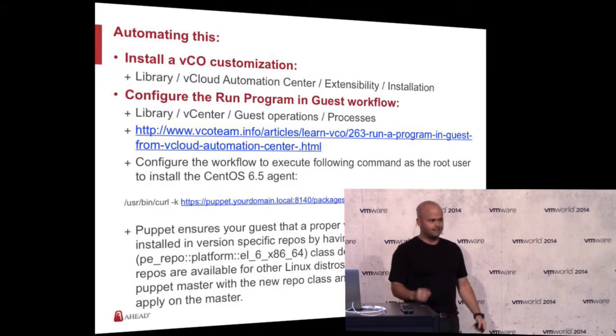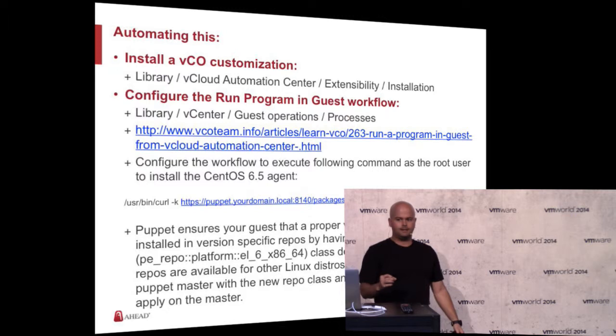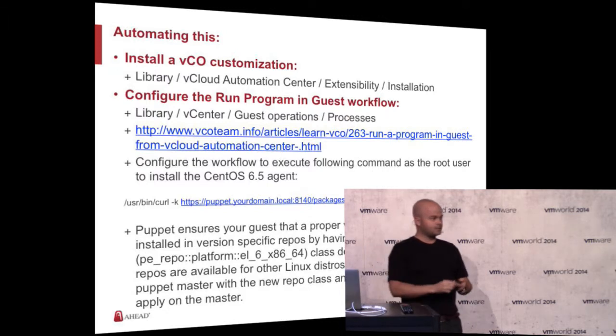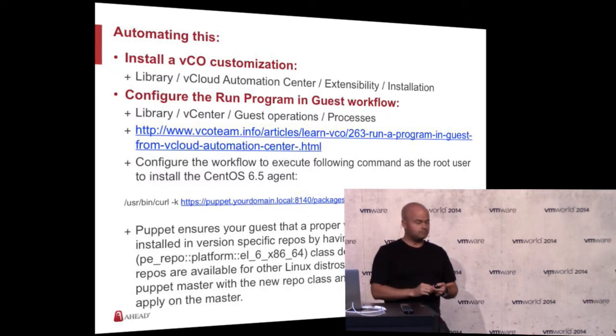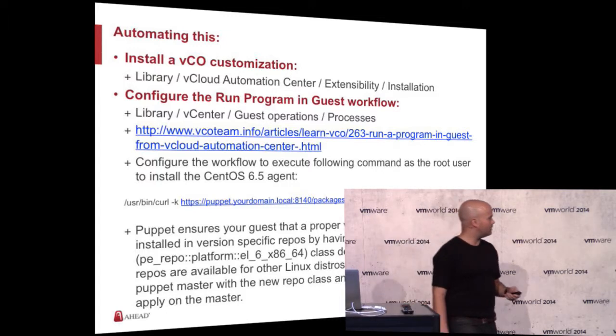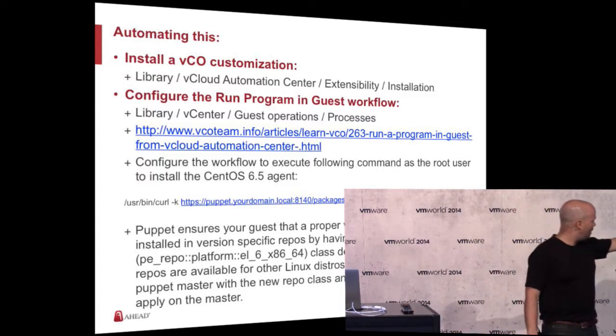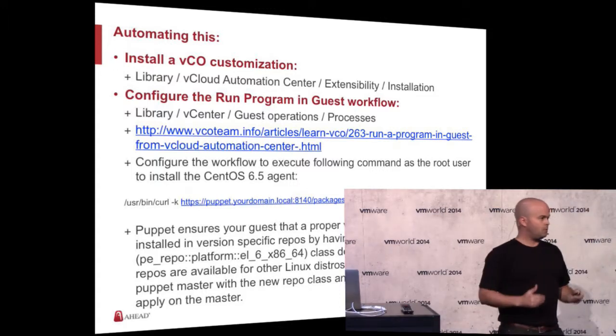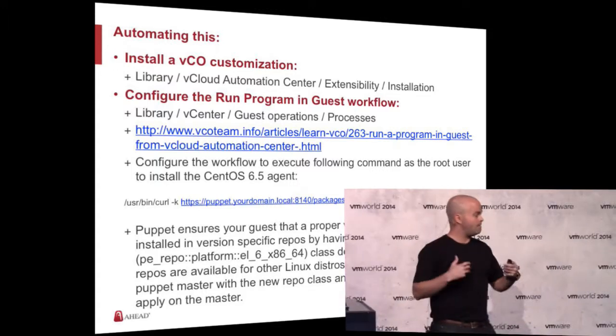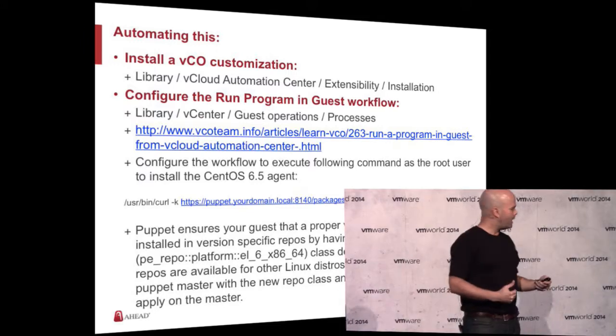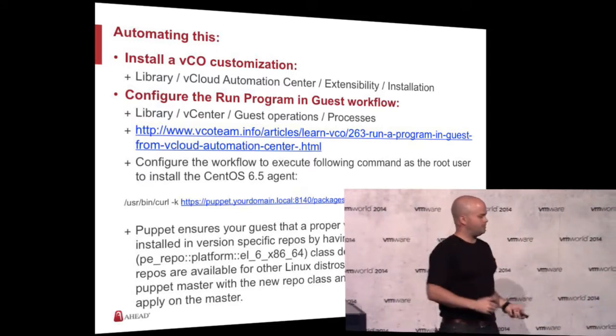So, automating this in VCO gets a little bit complicated and convoluted. You need to install VCO customization, and here's the link in VCO for that. And you need to configure the run the program in a guest workflow. Now, I've shown a curl command here. It's /usr/bin/curl, and what that's doing is downloading a file from a repo that's present on my Puppet master server, and then piping all of that to a bash prompt.